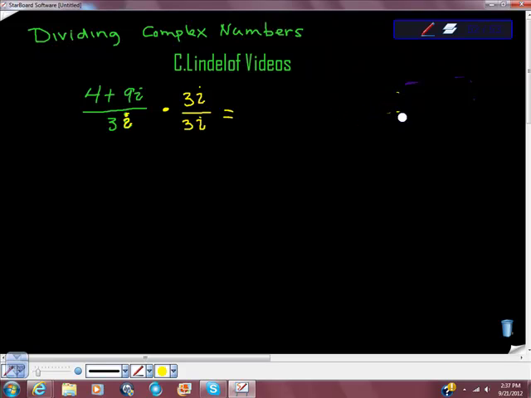If I do that, we get 3i times 3i, which is 9i squared, over, here we're going to multiply this here. So 3i times 4 is 12i, isn't it? And then 3i times 9i is 27i squared. This is where your knowledge of the imaginary number comes in really handy.